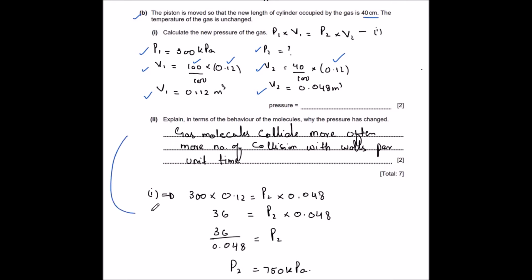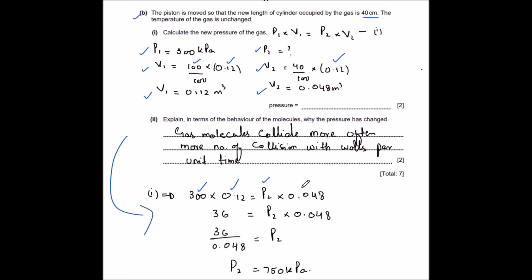Now, move on to this side. You can use the equation of Boyle's law: P1 times V1 is equal to P2 times V2. P1 is 300 kilopascal, V1 is 0.12 cubic meter.